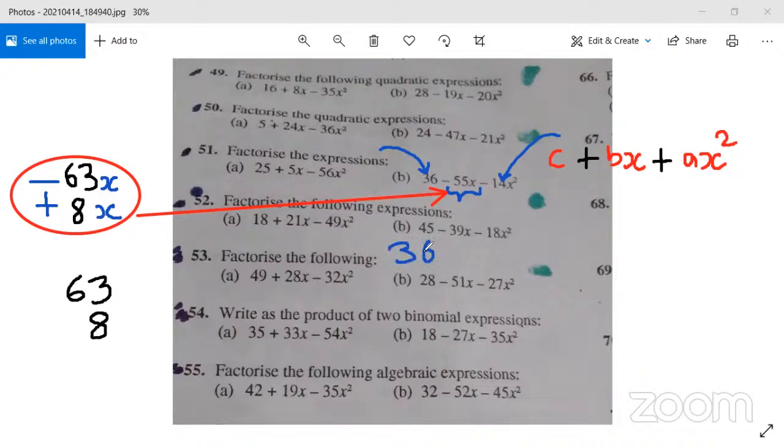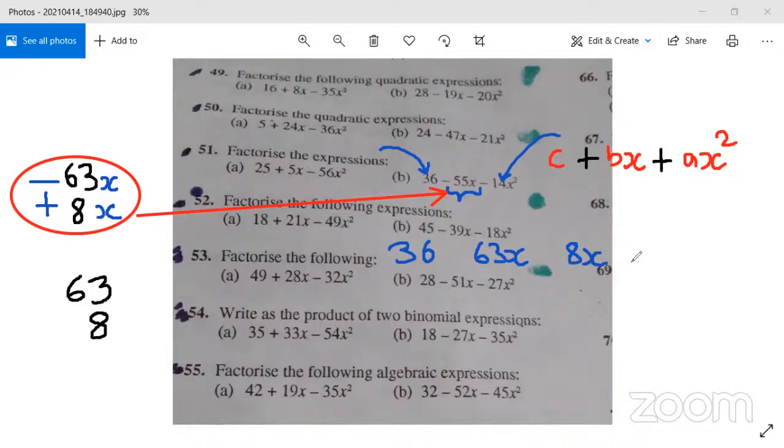So we're going to have 36. You can put it in any order you like. You can write plus 8x or 63x here. So why not? Let's just put the 63x. I feel like this might work in our favor a little bit.